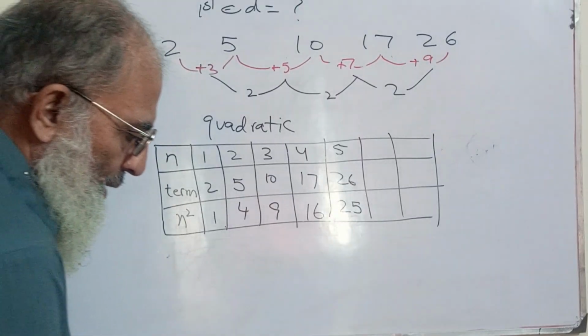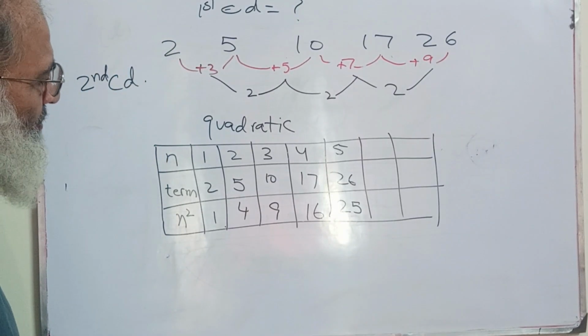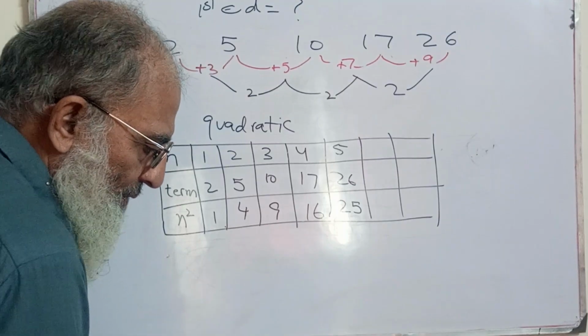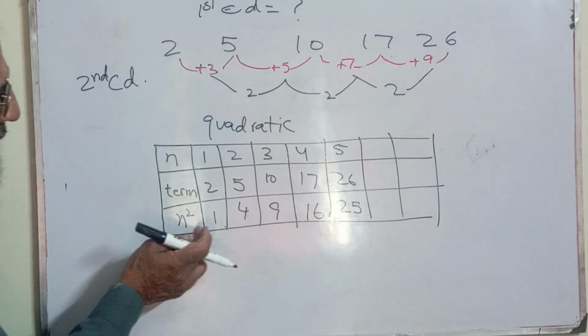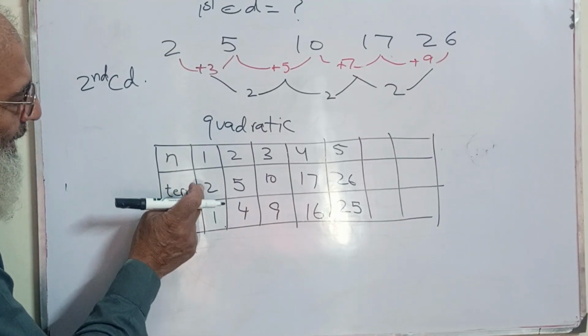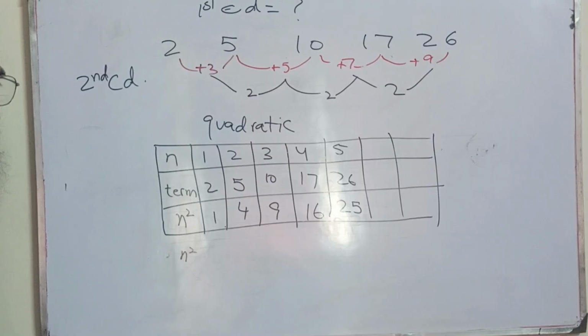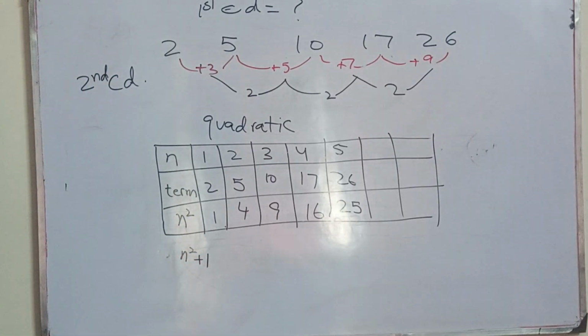You see that each term is 1 greater than n square. So n square plus 1 is appearing over here.